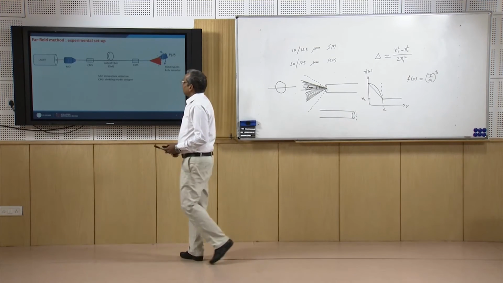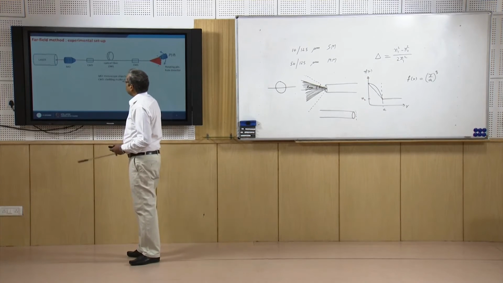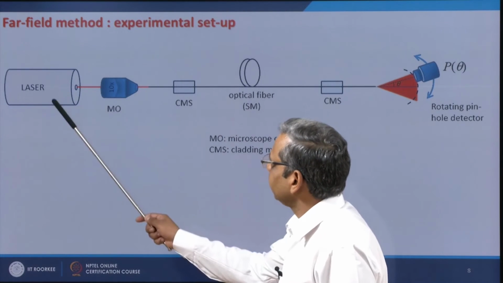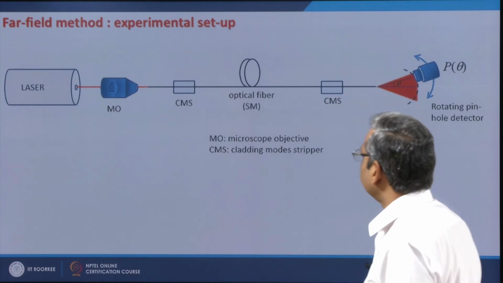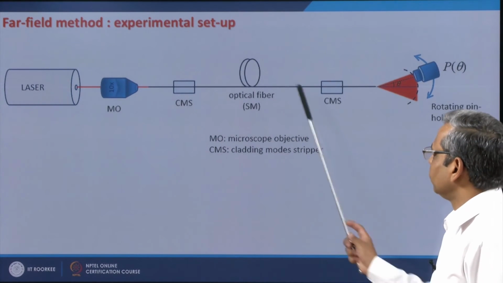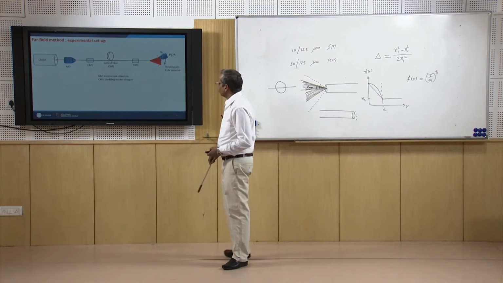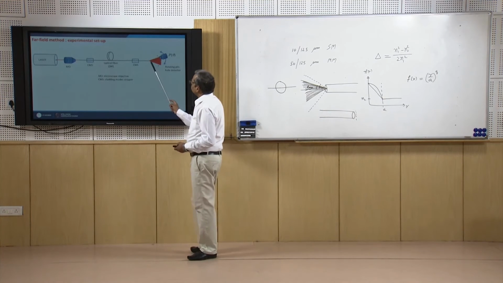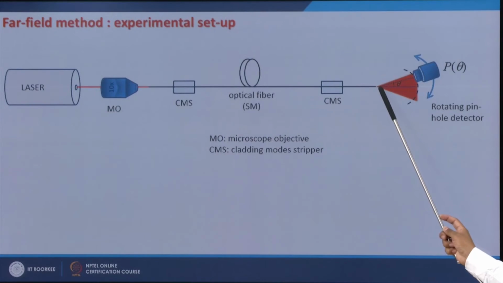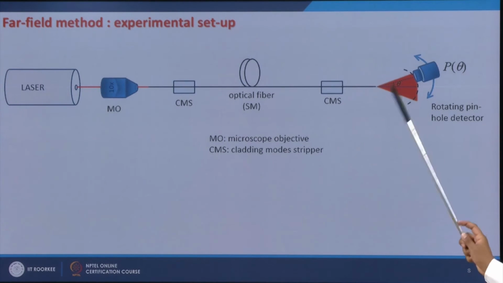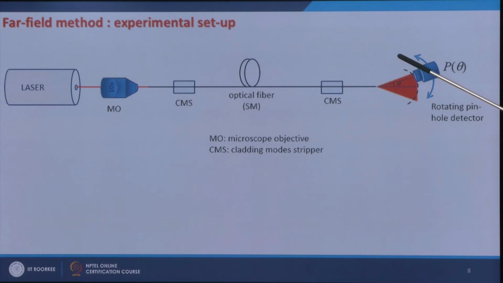So for that I take a single mode fiber and launch laser light into it using a microscope objective. Again I use cladding mode strippers to strip off whatever light might go into the cladding modes, and then I let the light come out and propagate over a small distance from the fiber, and then I scan the intensity at different angles using a rotating pinhole detector.